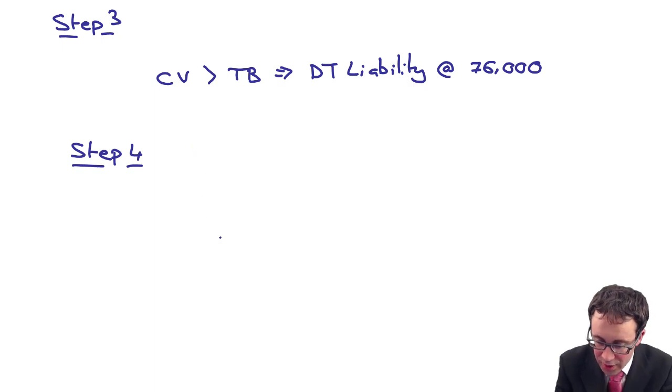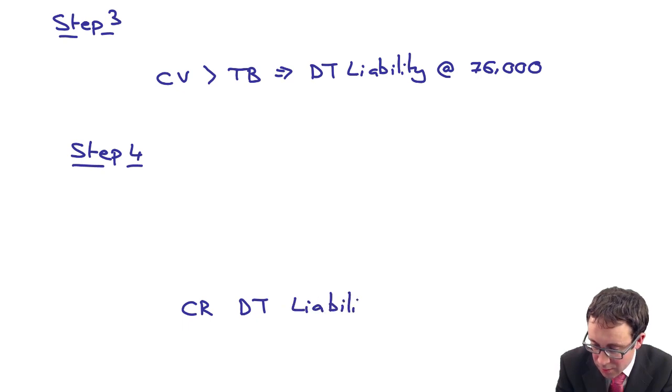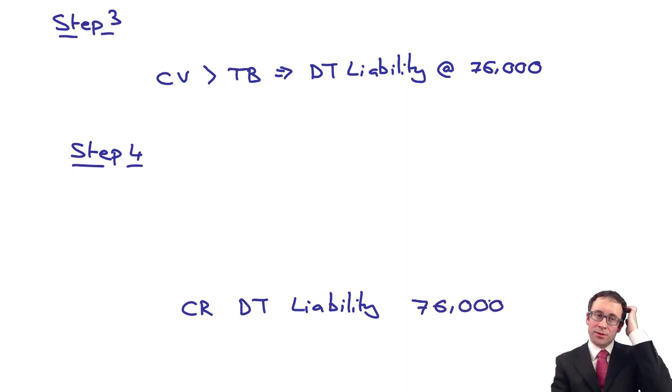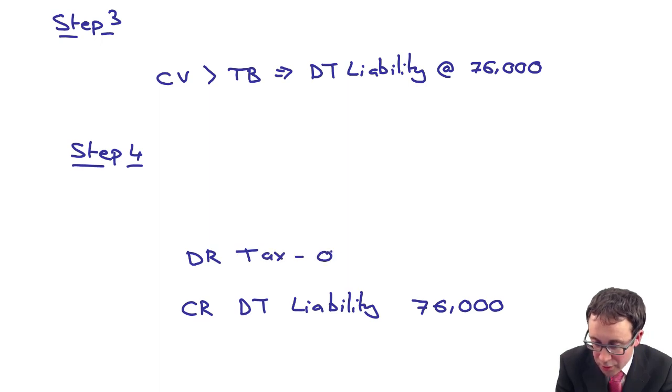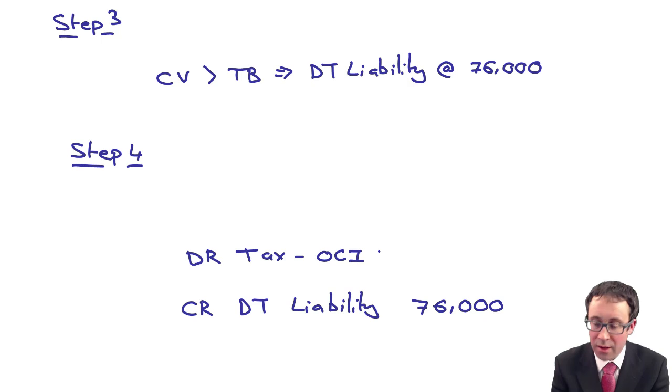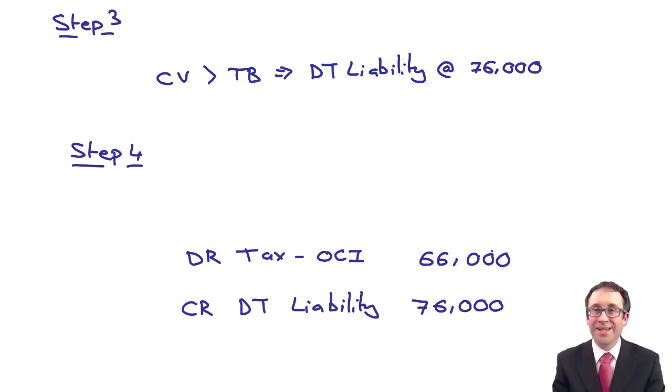So what we have there is that we have an increase in our liability. So we're going to credit the deferred tax liability with the 76,000. Okay. We are then going to debit your tax, but your tax through OCI with, is it the 66,000?